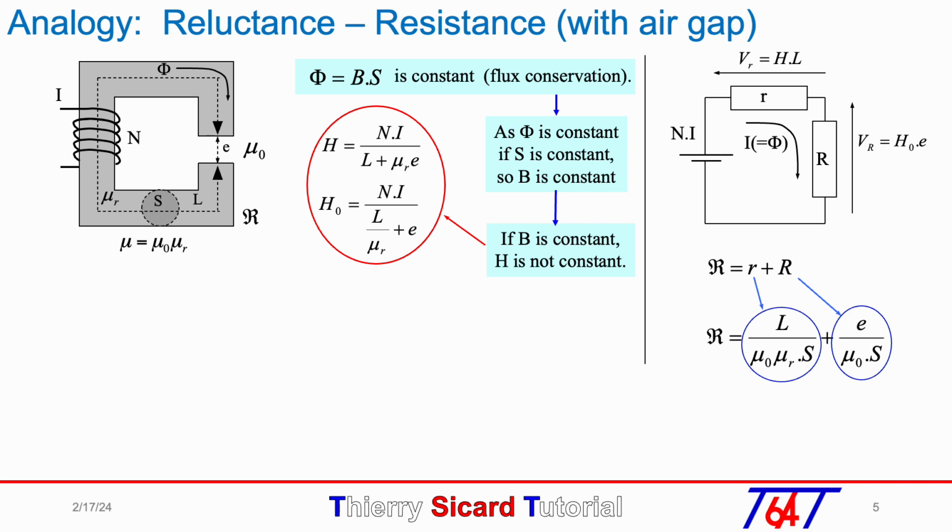So the reluctance can be written as L plus mu R times E over mu 0 mu R S.